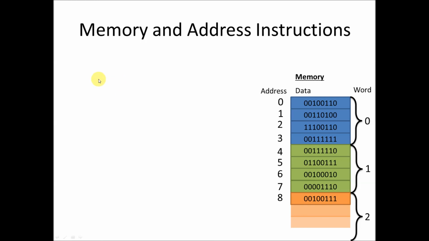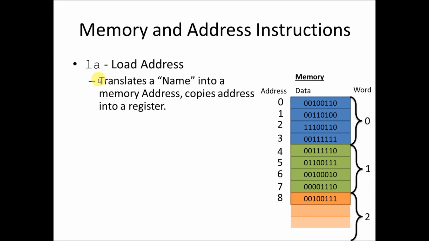Now we have some memory and address instructions, and basically these are instructions that operate on memory and addresses themselves. The load address instruction translates that name that we had before into a memory address. It figures out, based on the variable name that we give it, what the location in memory is, which is the address, and then it copies that address into a register.